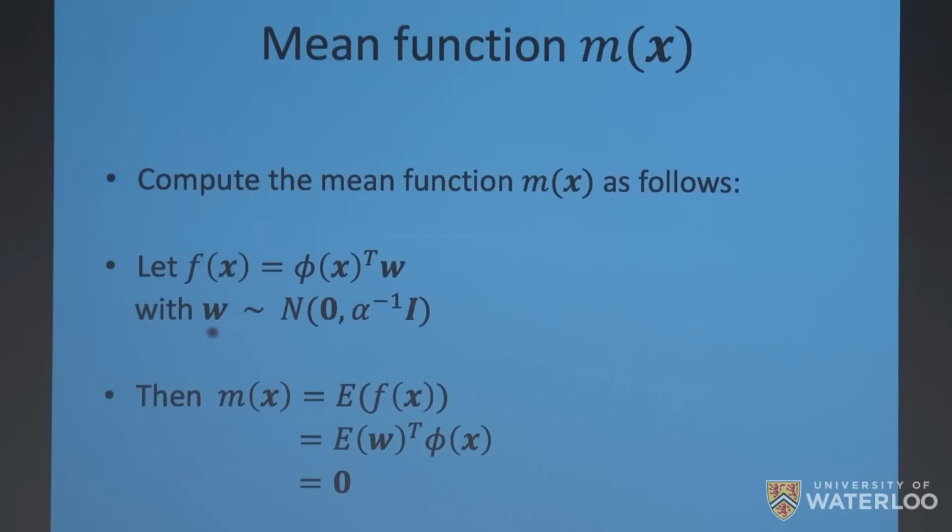Now if we start with this in the weight space view, then in the function space view, the mean is the expectation. Now I can expand this where f is just w transpose phi. So then the expectation will apply to w. And the expectation of w is just 0. So it means that my mean function is just the 0 function.